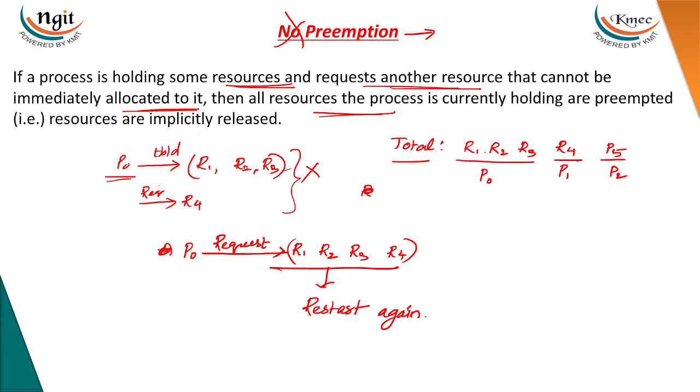What is meant by that? If the total resources are R1, R2, R3, R4, R5, R1, R2, R3 are given to P0, R4 is given to P1, R5 is given to P2. Now if P0 requests R4, then R1, R2, R3, all these three are first released, then it requests all the resources R1, R2, R3, R4, and only then P0 will be restarted.